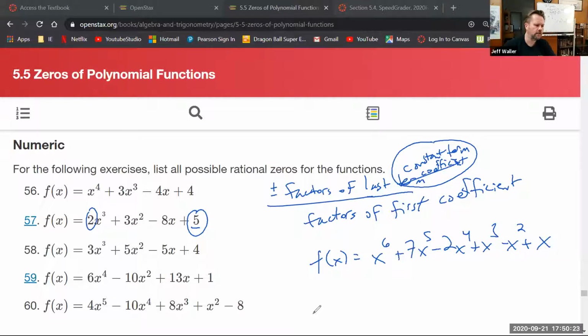Do you need any help to get one factor done? I see somebody typing. You factor out an x. You can take an x out. So that's why I meant if the last term is not constant, that means you can take an x out, right? Because this is a polynomial, so that means everything's got an x in it.